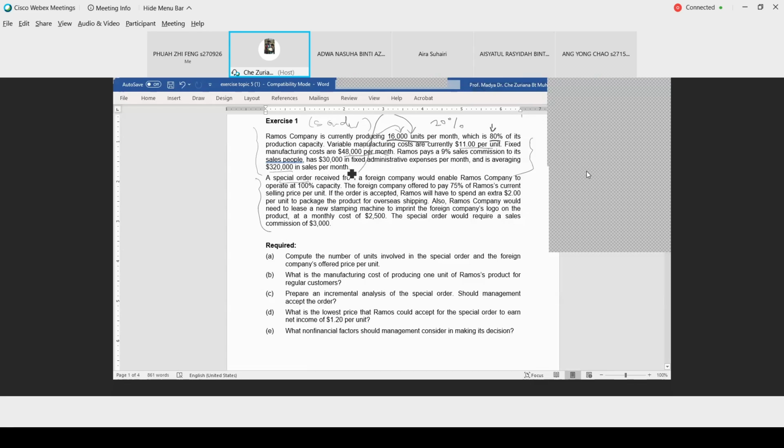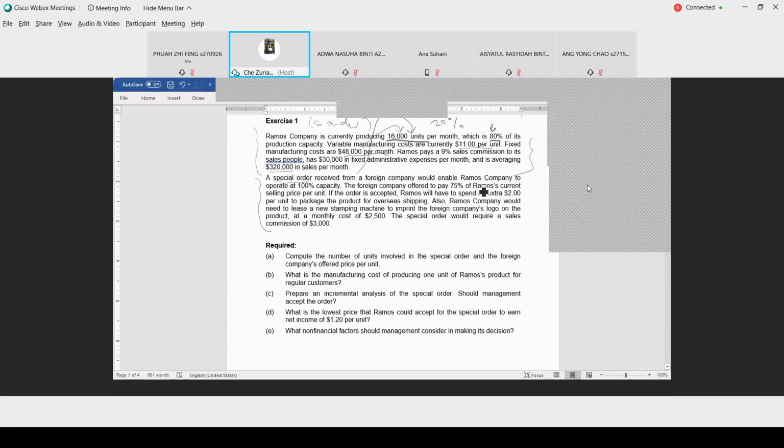So this is the current or normal operation using 80%. If the company accepts the special order, it can operate at 100% capacity. So just 20% is for the special order, because the 80% is for the normal order.